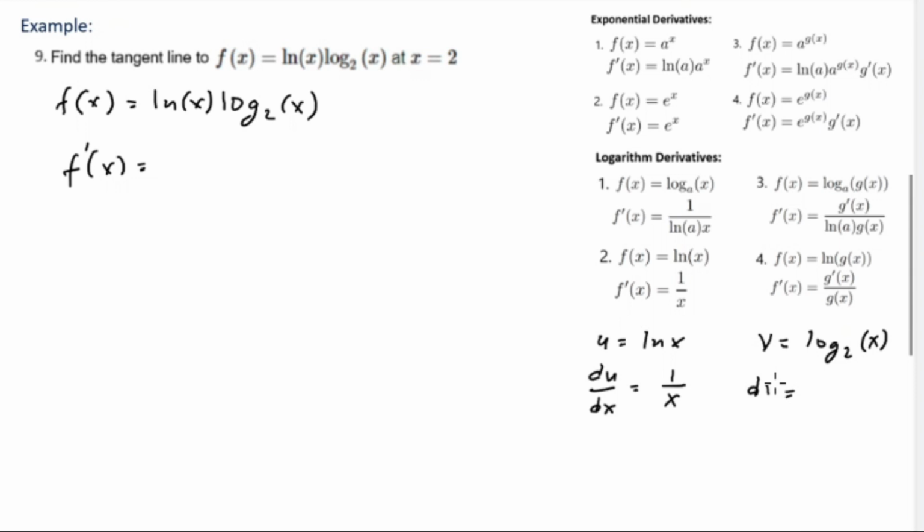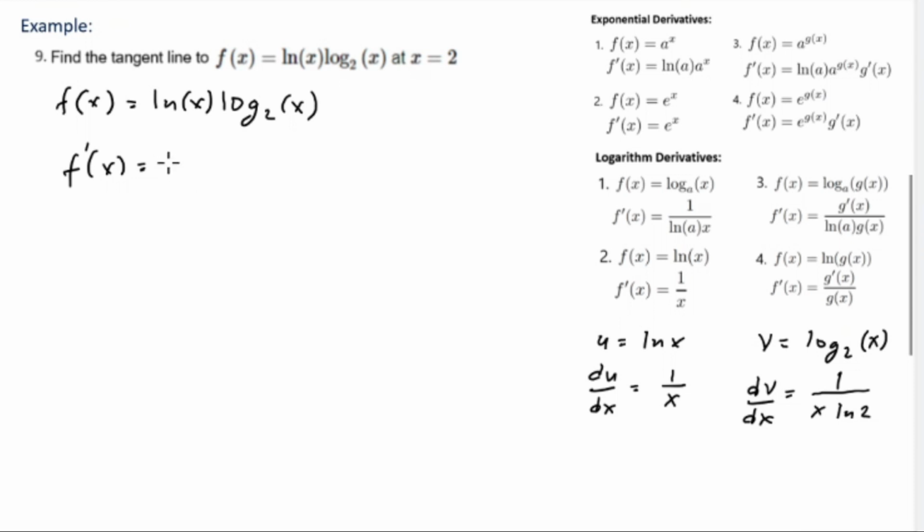The derivative dv over dx for log base a of x is 1 over ln of a times x, so this will be 1 over x ln of 2, using the product rule.